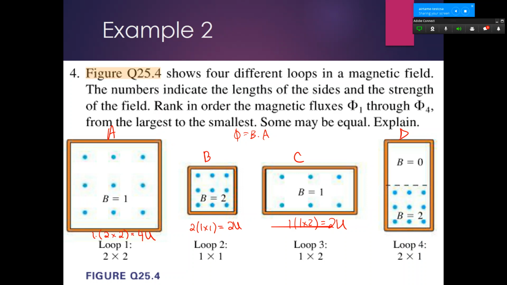If you increase the area, you're increasing the flux, so it does matter. Let's say half enters. You have to consider which area has a magnetic field. It can't be any area. Exactly. So in fact, I have to find half the area. So in this case it would be 2 multiplied by 1 times 1, which is equal to 2 units of magnetic flux. So the answer would be A is greater than B is equal to C is equal to D.